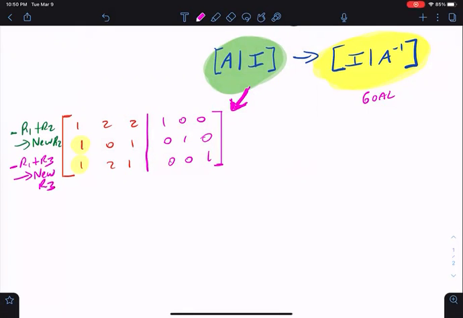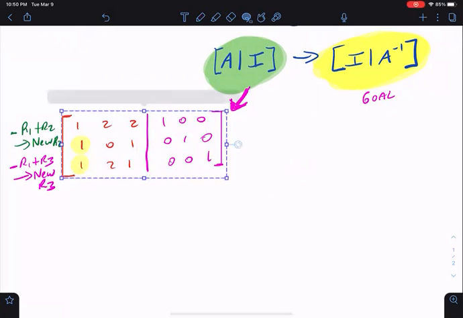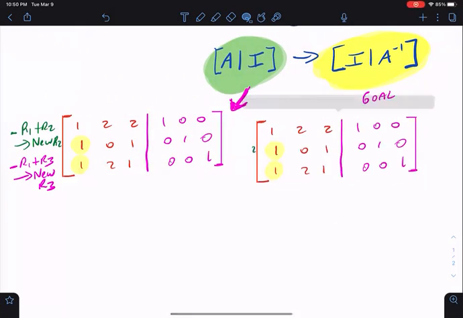So let's compute this. So we need to get rid of that one, right? So first, let's work with row 2, right? Step by step.